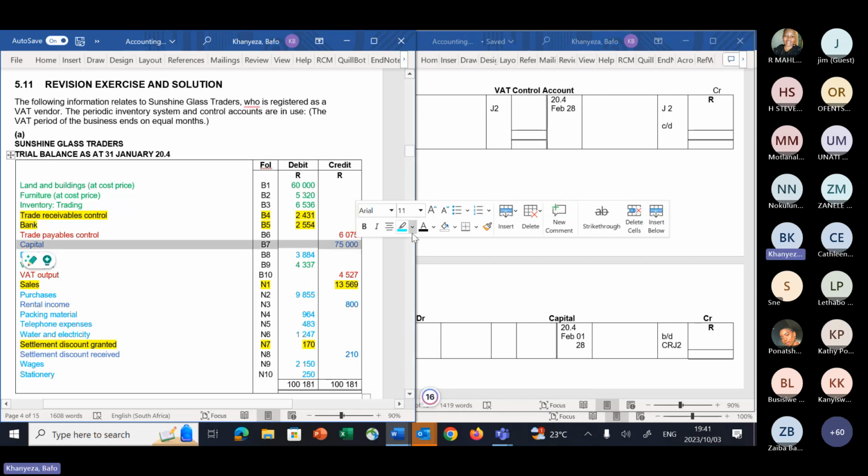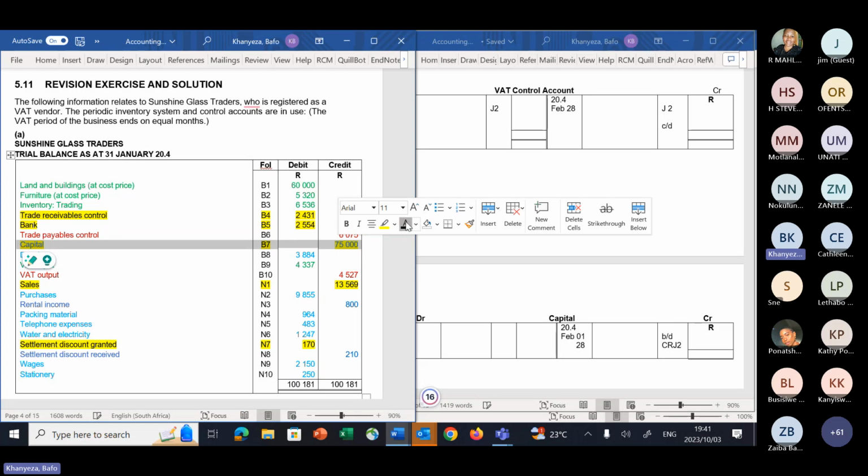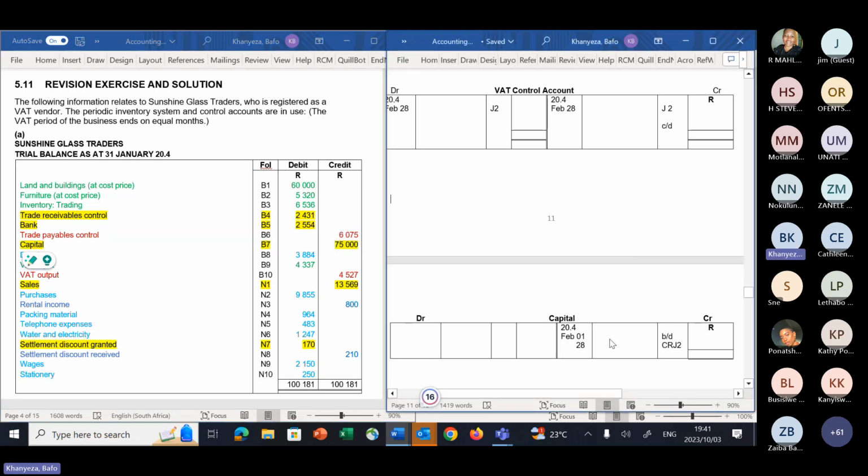It's already on the credit side, so it gives away whether we are debiting or crediting. That's one of the ways of seeing whether you are debiting or crediting, if there is an opening balance. So the opening balance brought down is 75,000.